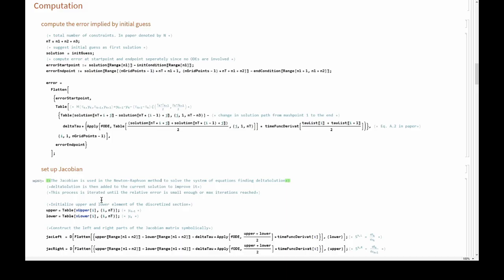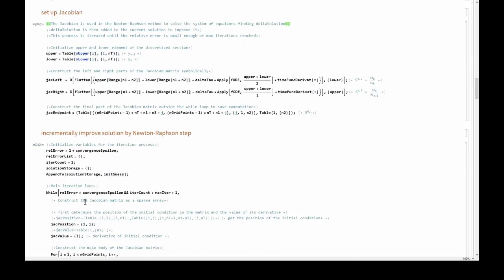And here we can basically distinguish two key components. The derivative of the error function with respect to the lower grid point, or the derivative with respect to the function evaluated at the upper grid point.